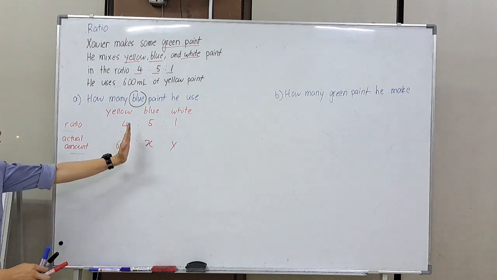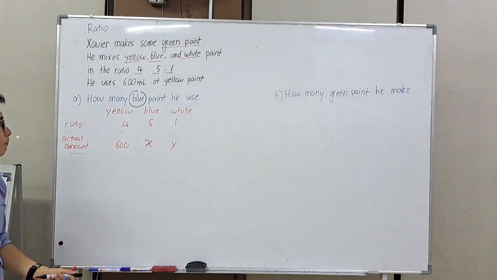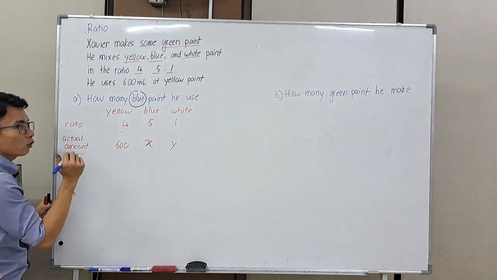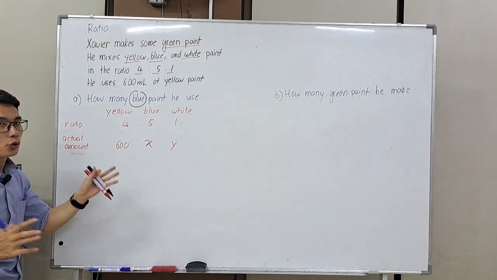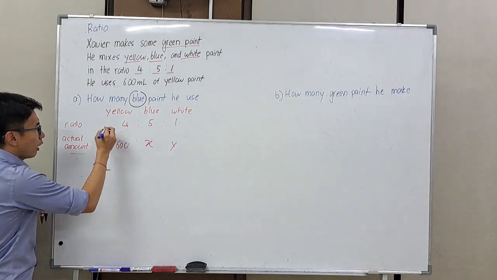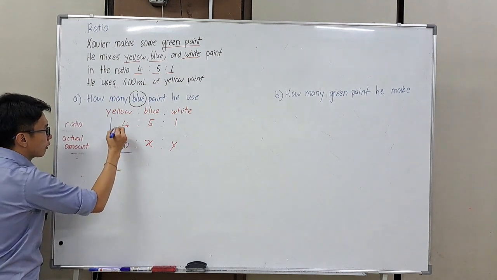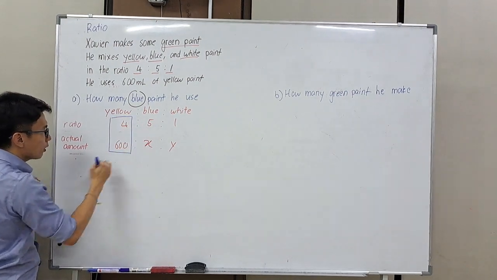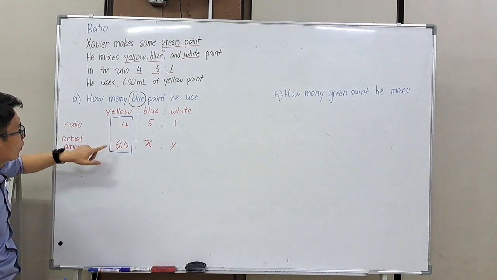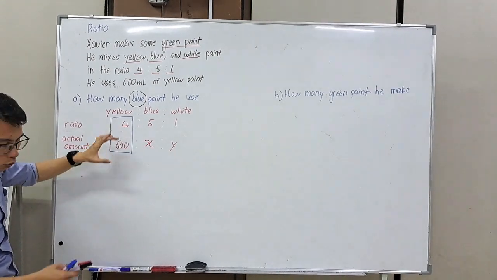Now let's see over here. I have 3 ratios. Again, we understand that with ratio, we can write it as a fraction. So I'm going to circle this box over here. This box is a bit special because I know the ratio and I know the actual amount. I have the numbers over here.